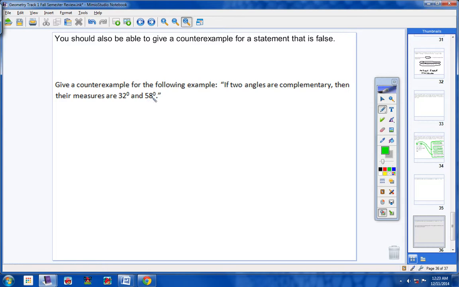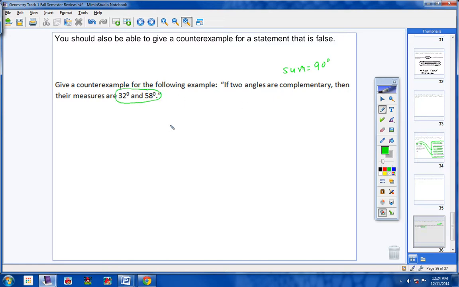Give a counterexample for the following example. Here it is. If 2 angles are complementary, and what does complementary mean? That means their sum is what? 90 degrees. If 2 angles are complementary, then their measures are 32 and 58. That's not true. Just because 2 angles are complementary doesn't mean their measures will be this.